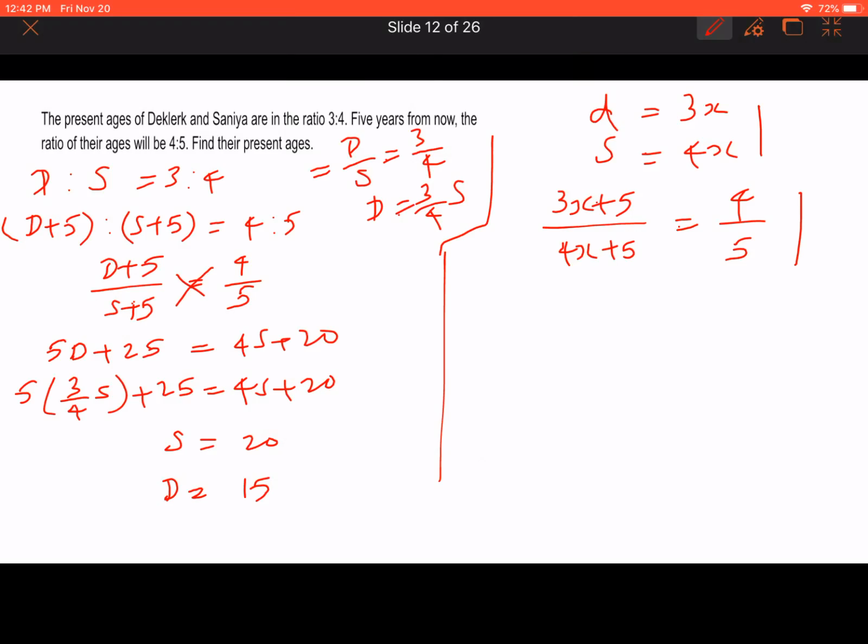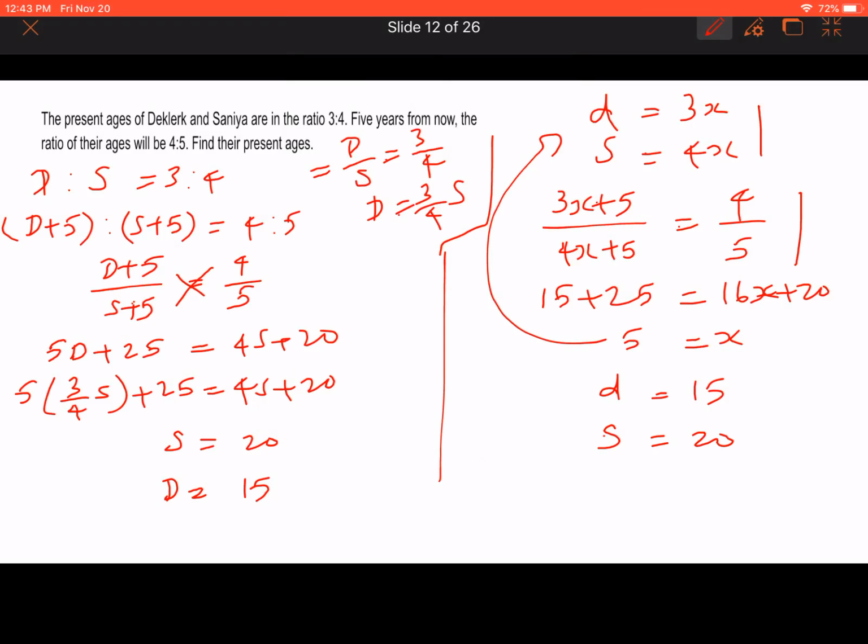Okay, so this is going to be like 15x plus 25 is equal to 16x plus 20. So x is going to be 5. Now we substitute the value in this equation and find the current ages of Declerk and Sania. Okay, so this is how we solve both problems related to age.